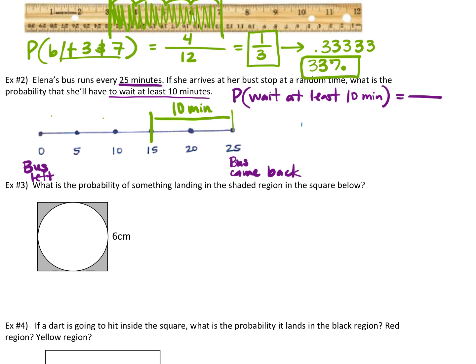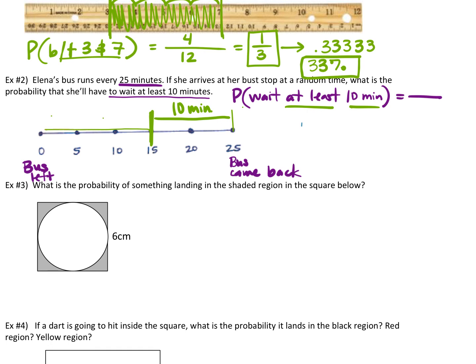Okay? But now look at what it's asking us. What is the probability you wait at least 10 minutes? So coming here, you wait 10 minutes. Where are the numbers that wait more than 10 minutes? 10, 5, and 0. Yeah, everything this way, right?